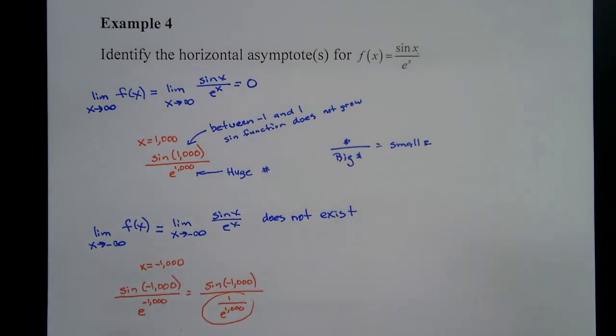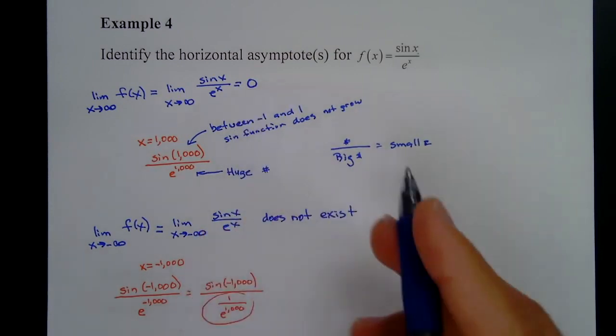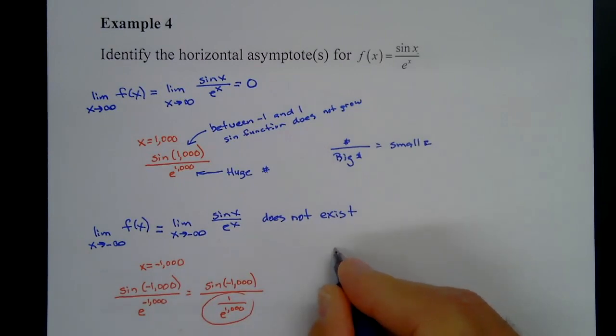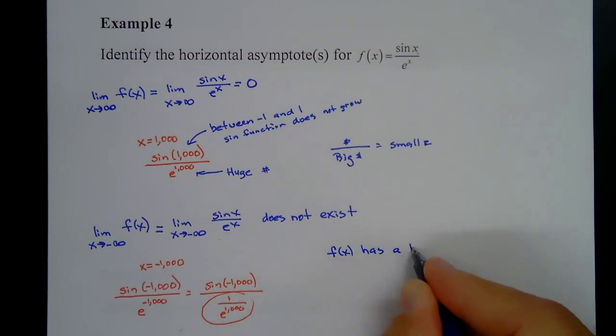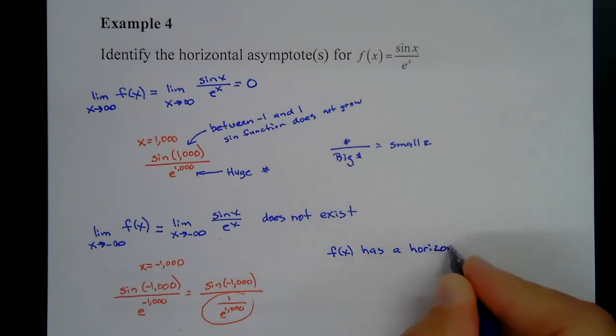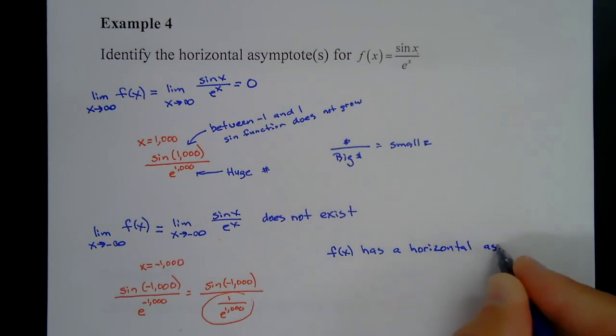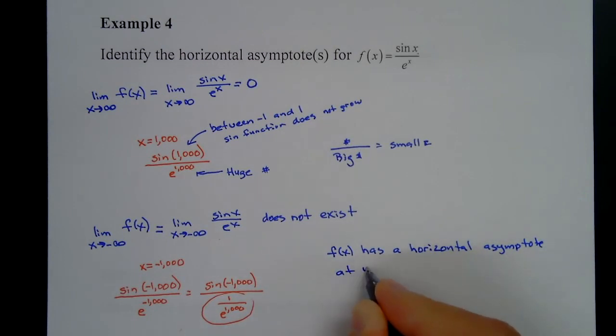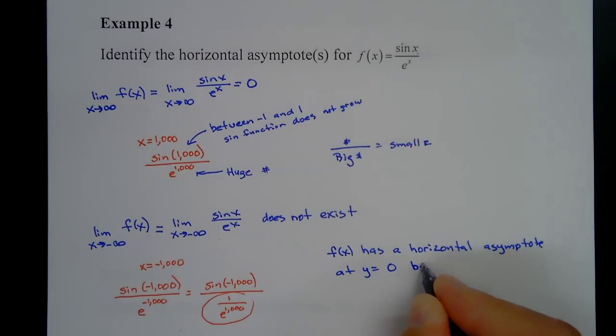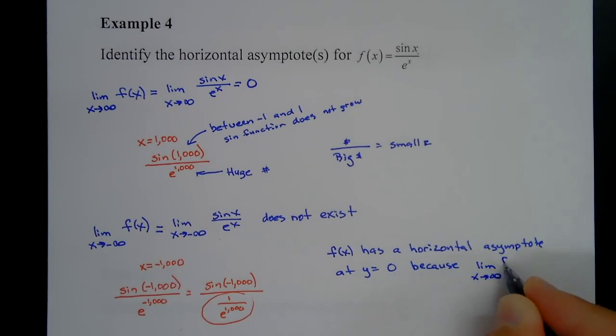Okay, so what do we know? Does this function have a horizontal asymptote? Yes, it does. It has a horizontal asymptote at y equals 0. So we would say f of x has a horizontal asymptote at y equals 0 because the limit as x approaches infinity of f of x is equal to 0.